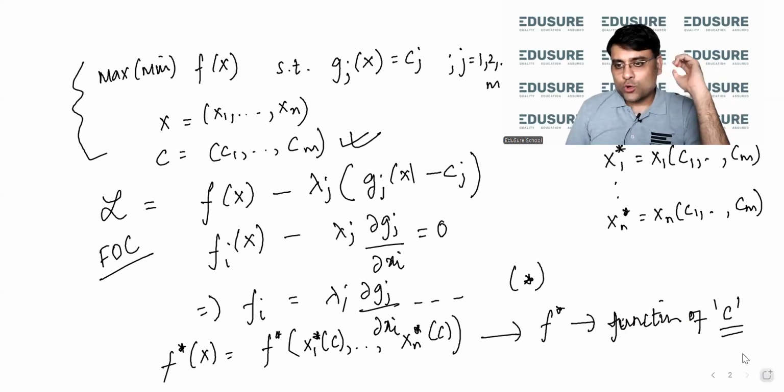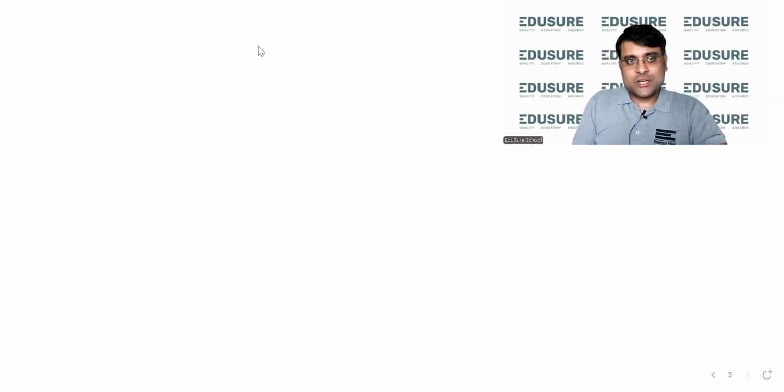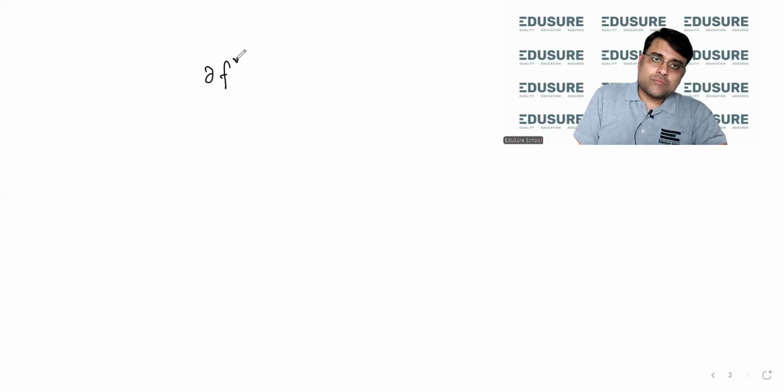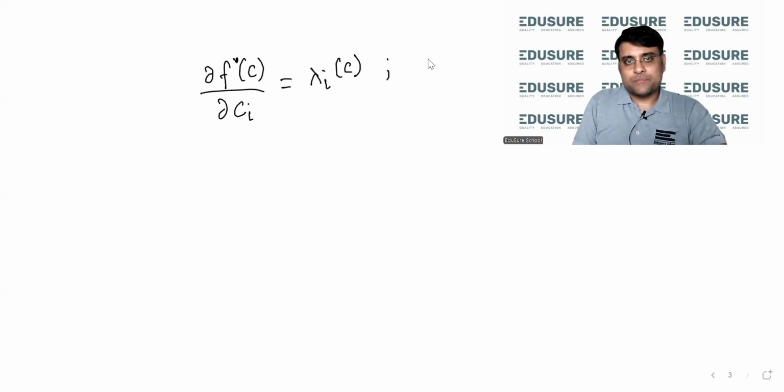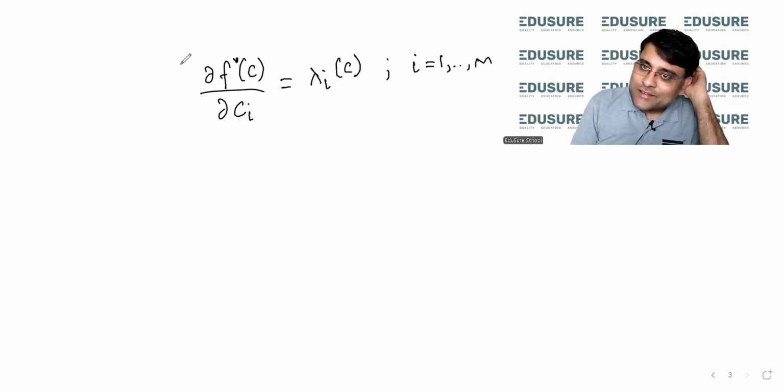Now, you will notice that here we'll have the generalized result that my objective function optimal value will change with the value of c_i changing according to the Lagrange multiplier, which is also a function of c, this i being from 1 to m, because obviously there are m constraints and m Lagrange multipliers, m for Mumbai, okay. So this is what you will get ultimately.